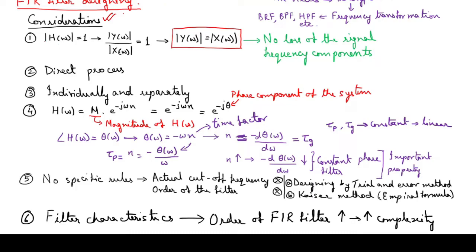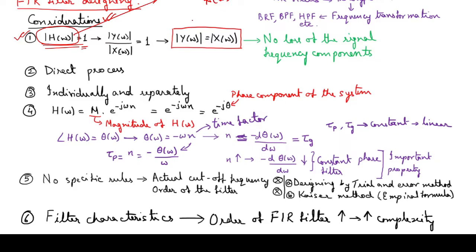The first consideration is that while designing any FIR filter, we take the modulus of H of omega, that is the amplitude response, equal to 1. So what is the implication of this? We have discussed that H of omega can be given by Y of omega divided by X of omega.